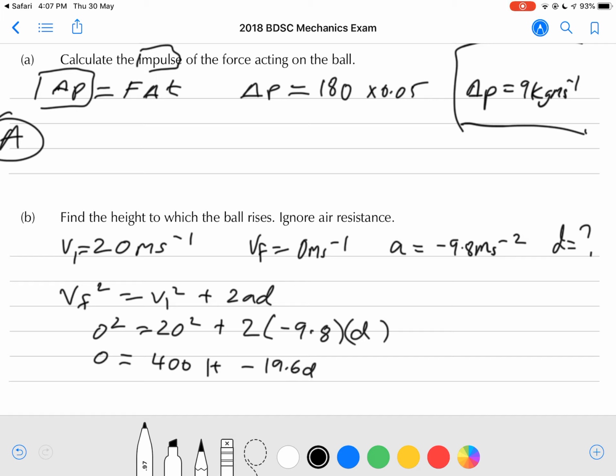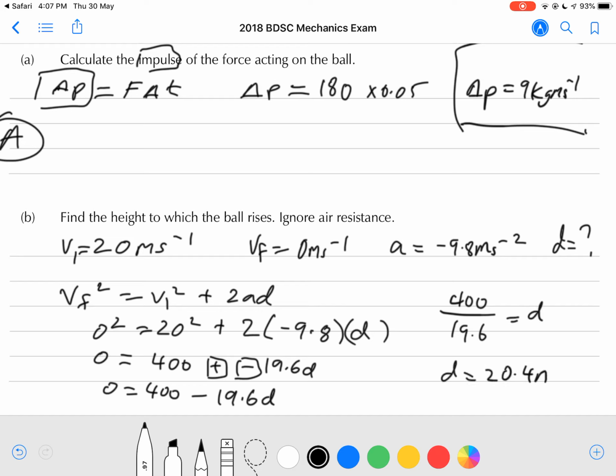A positive and a negative make a negative. So 0 equals 400 minus 19.6d. If you rearrange the equation to find d, you get 400 divided by 19.6 equals d, and therefore d equals 20.4 meters. So that's your final answer.